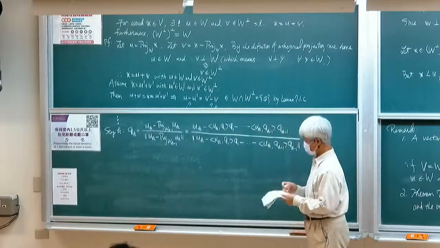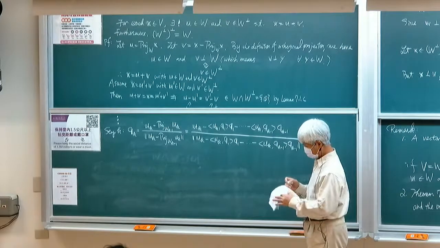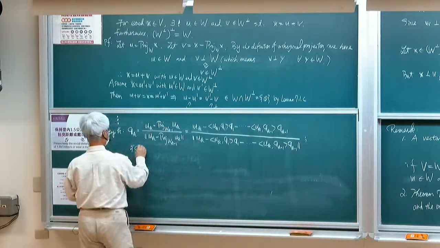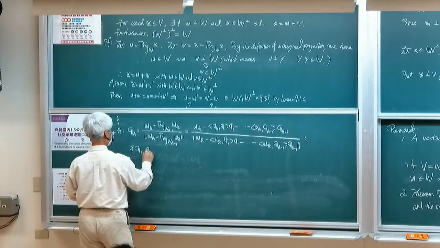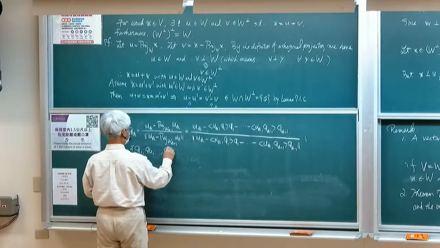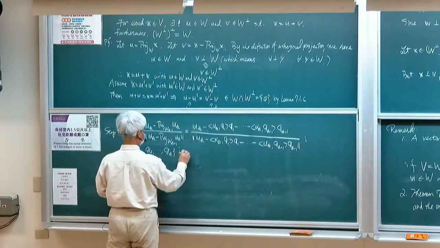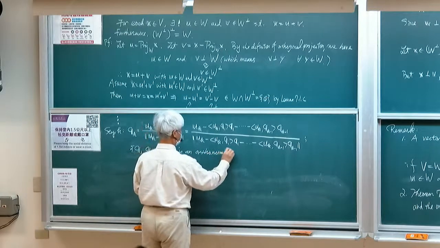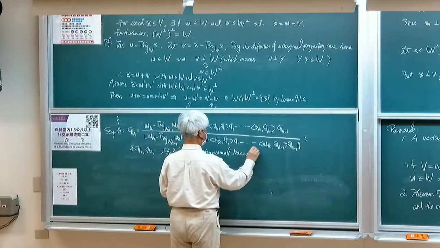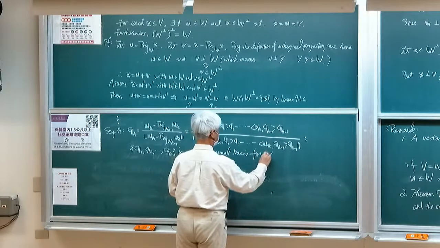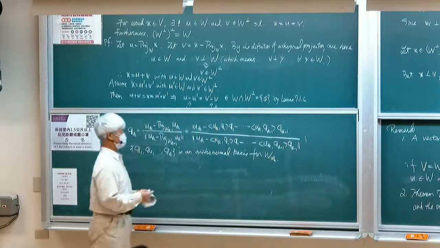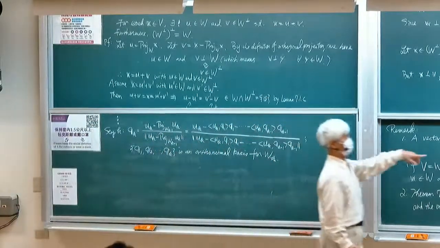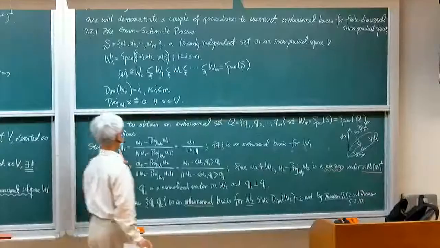So we obtain QK, and we obtain that Q1, Q2, up to QK is an orthonormal basis for WK. Suppose we have this data. You can think about K as 1 here.